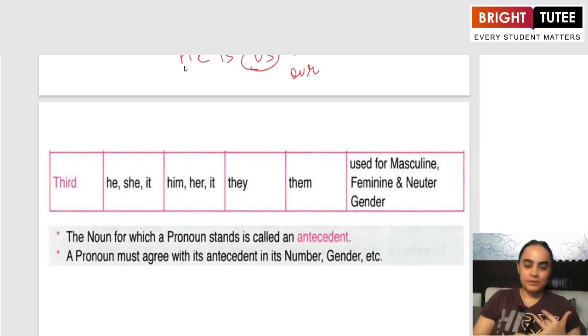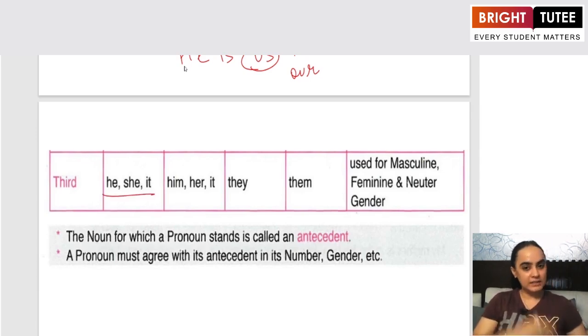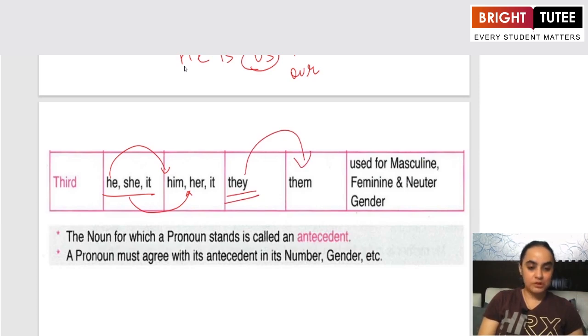So the singular third person pronouns are he, she and it. And what are the objects of these third person subjects? He changes to him, she changes to her, and it remains as it is. And when we are talking about plural, my pronoun in place of the subject will be they. And what is the object? It is them.